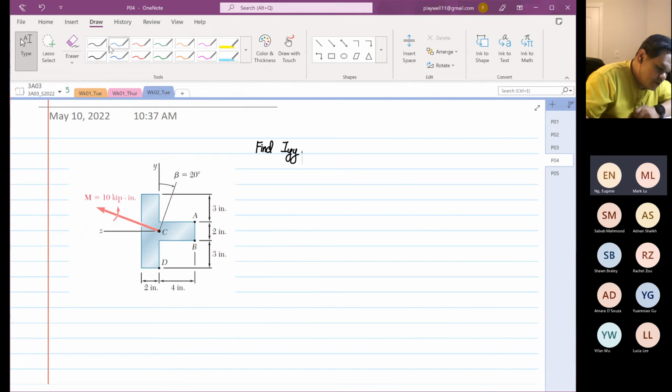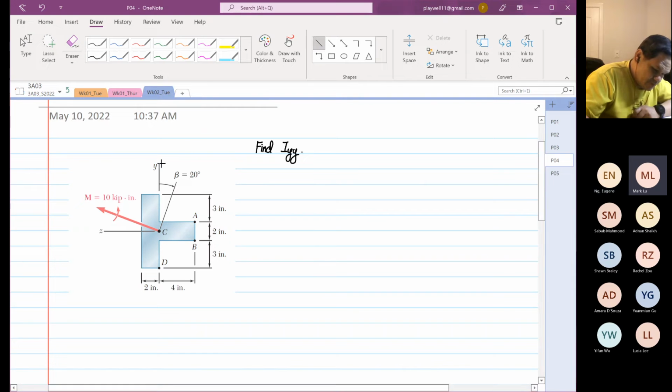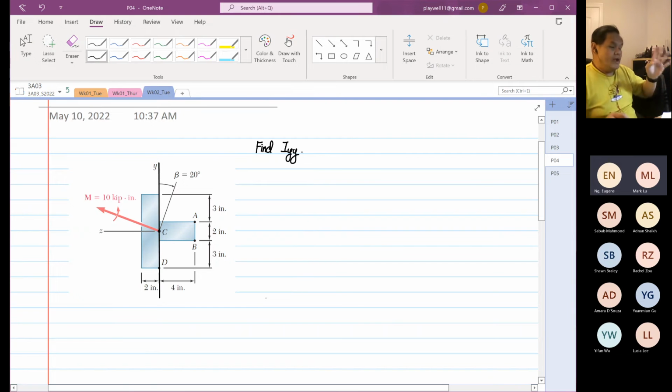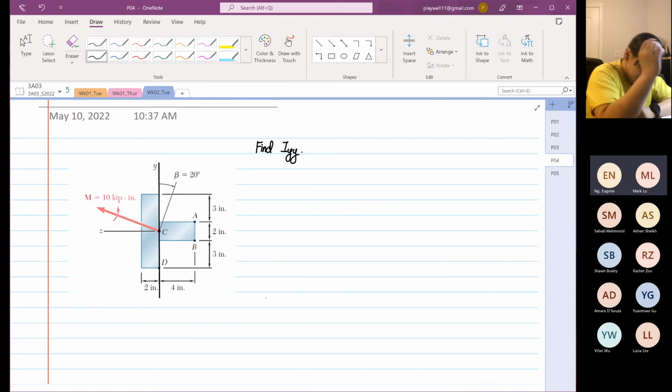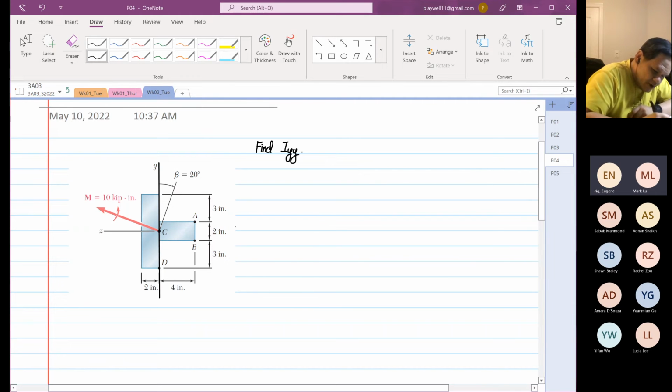Okay, so I'm going to draw the axis. This is the axis of interest. Now, where the centroid is, we don't know yet. At this stage, we need to find the centroid. We know that when it's parallel to the axis of interest, this is our width. And when it's perpendicular to the axis, this direction is our depth.